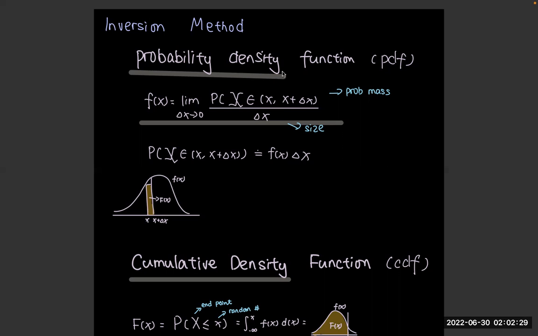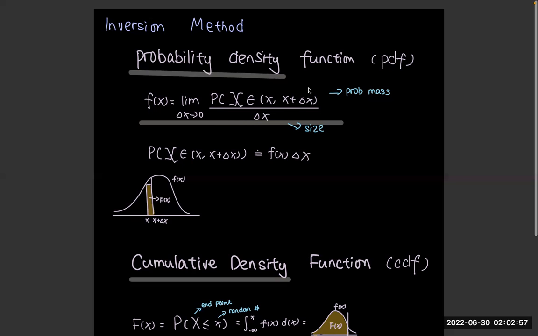So that is the probability mass divided by the size of the small bin. It is like you smear the probability mass uniformly over this small bin. And as delta x goes to 0, we get the notion of density, which is in the unit of probability mass divided by the unit of the size or length.